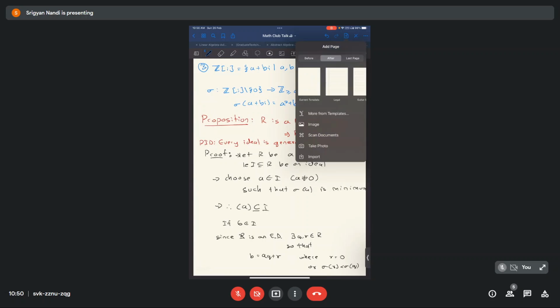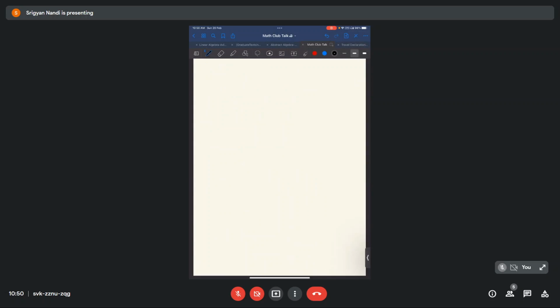If R is not equal to zero, that will imply that sigma R is less than sigma Q. But now we have B equals AQ plus R, and we assume that B belongs to I. Since A belongs to I, AQ will also belong to I. So B minus AQ will also belong to I, which implies that R belongs to I.